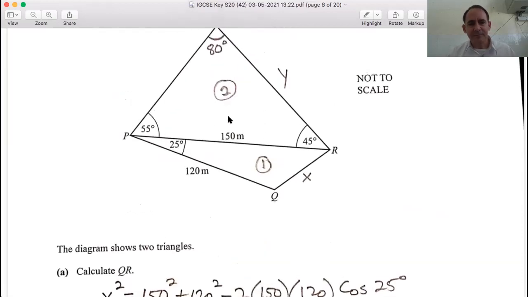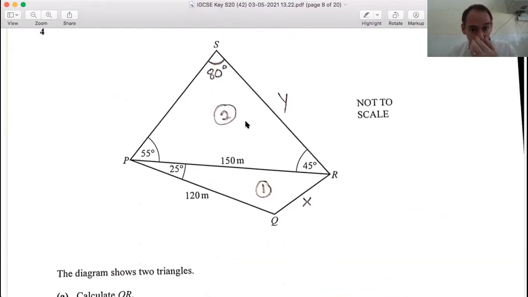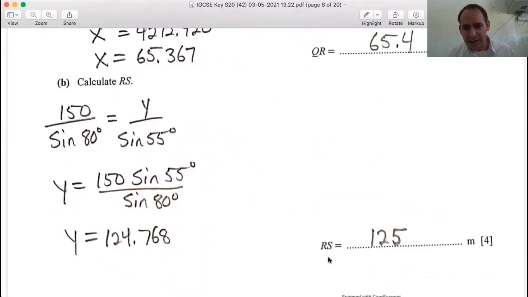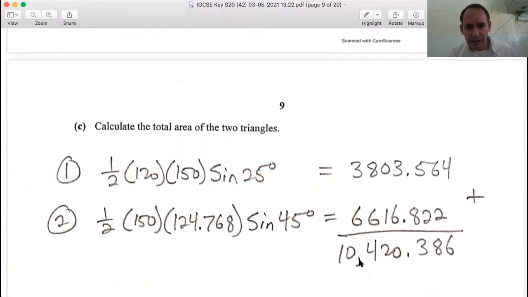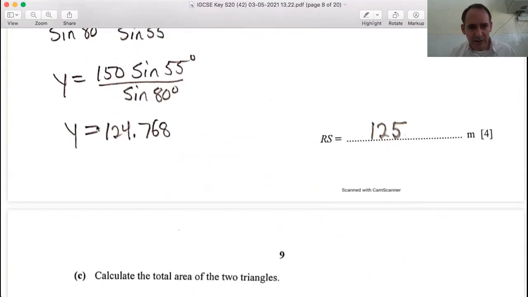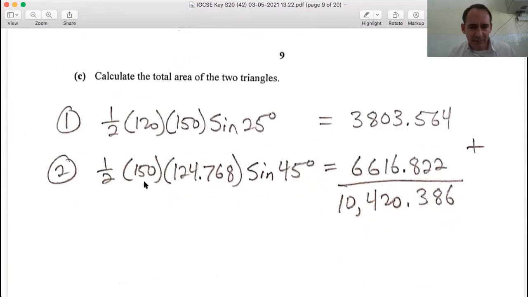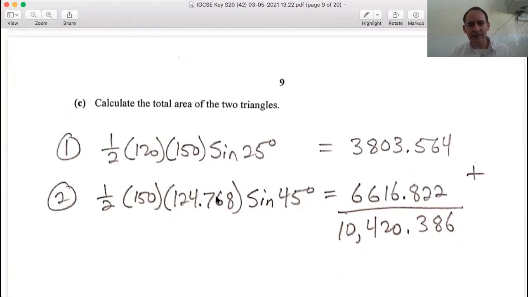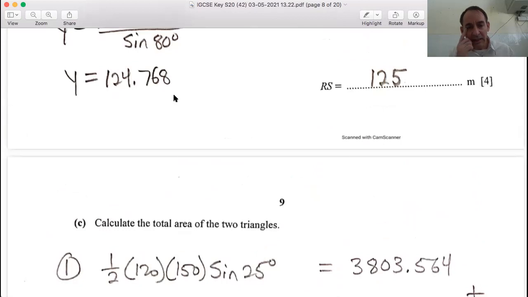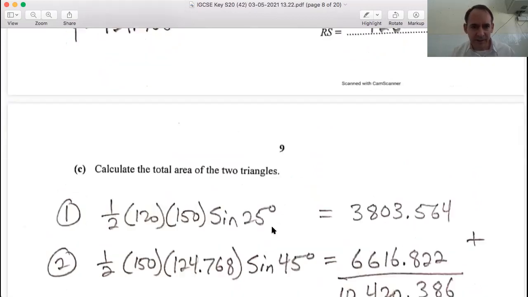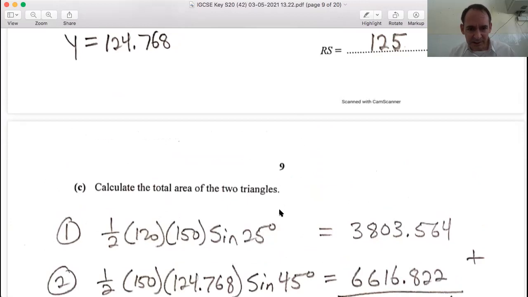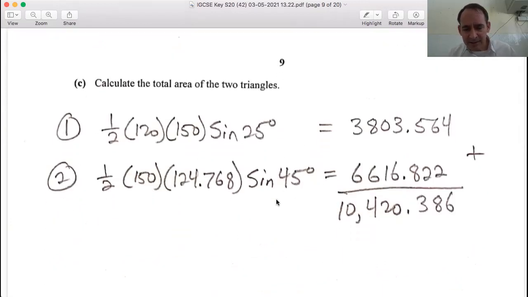For the other one, we already calculated y. So we're going to use the 45, the 150, and our value for y, 124.768. So 1/2 times the 150 times the 124.768. Notice I used the number before rounding to three significant figures, and then sine of 45, which was the angle in between.